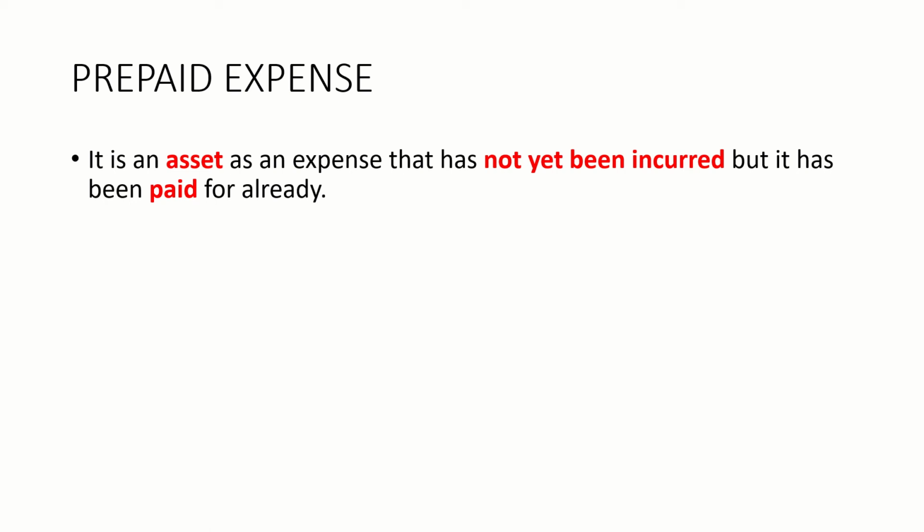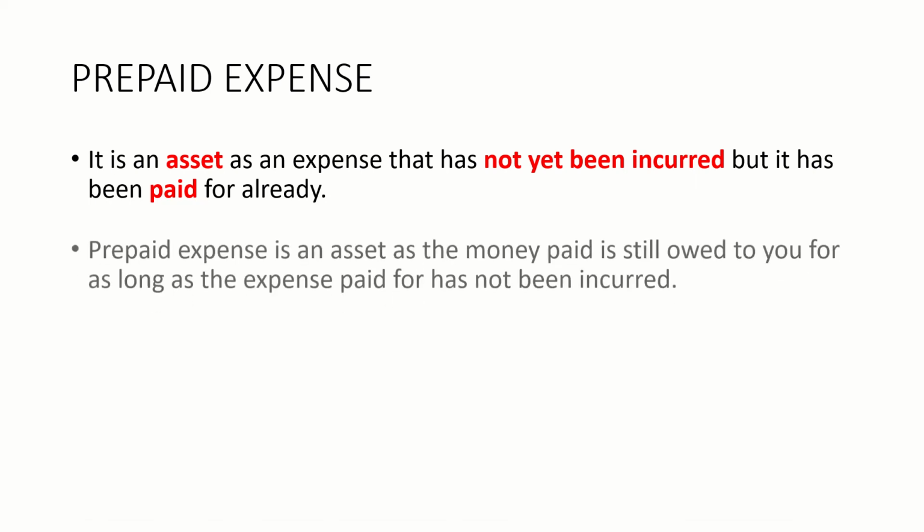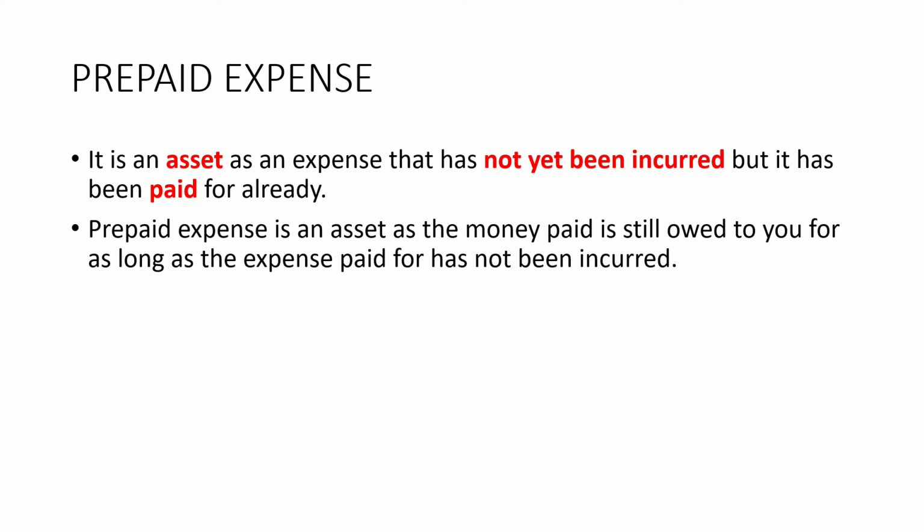What is a prepaid expense? A prepaid expense is an asset as an expense has not yet been incurred, yet we have paid for it. It has been paid already. Prepaid expense is an asset as money paid is still owed to you for as long as that expense has been paid.